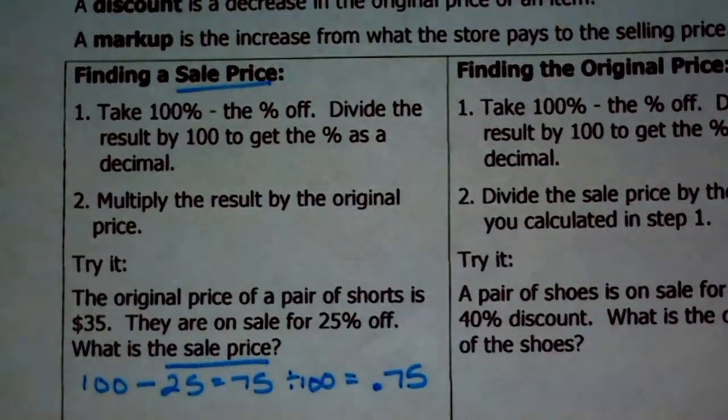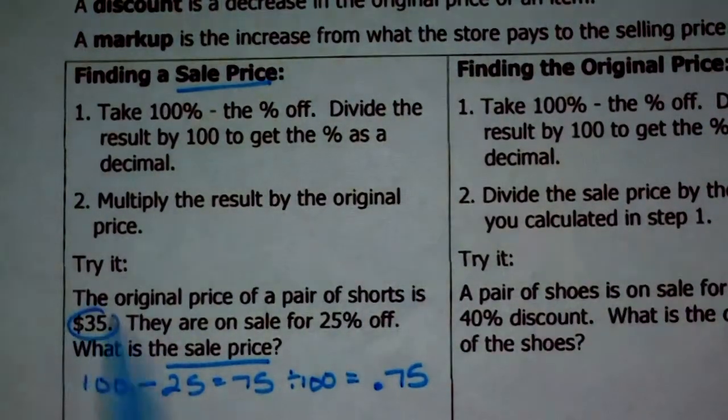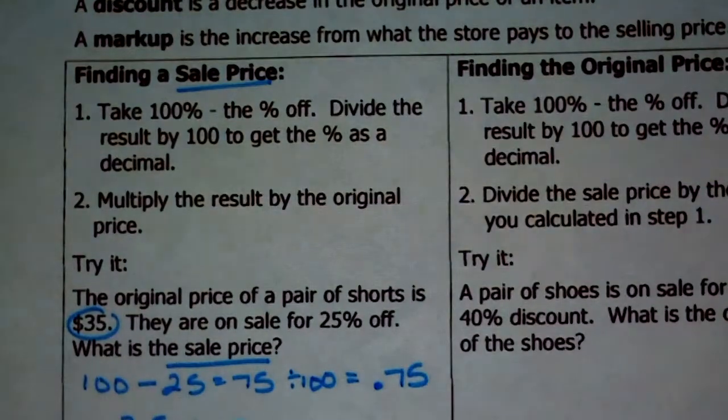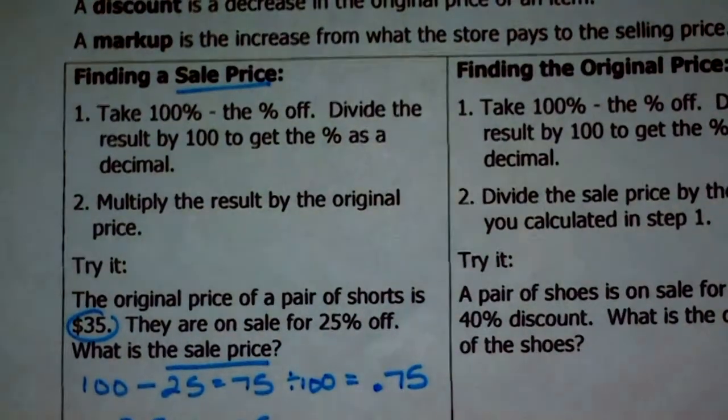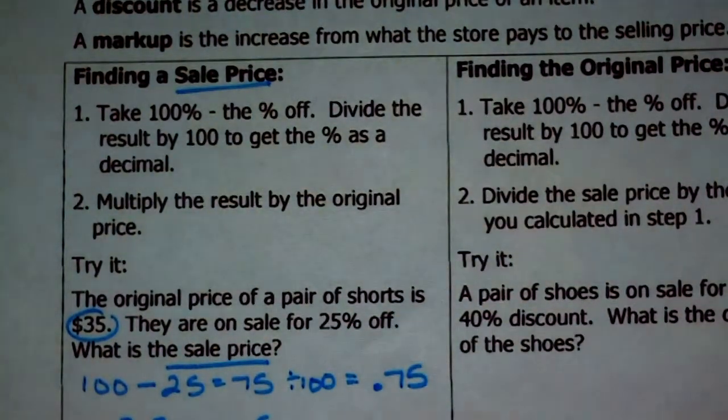So that's your step 1. Then we're going to multiply that result by whatever the original price was. So the original price is $35. I'm going to take $35 and multiply that by the decimal we just got. And when you take 35 times 0.75, we end up getting $26.25.